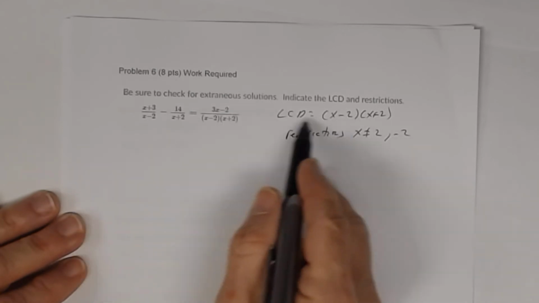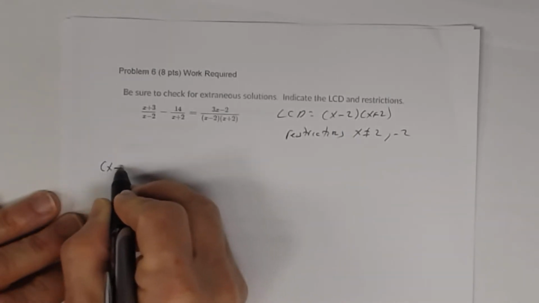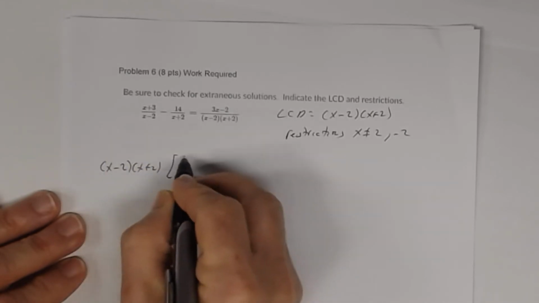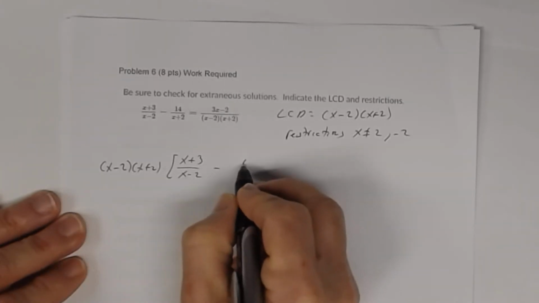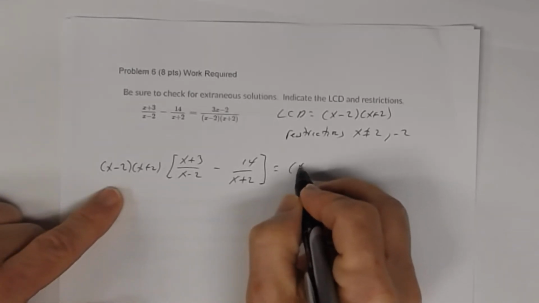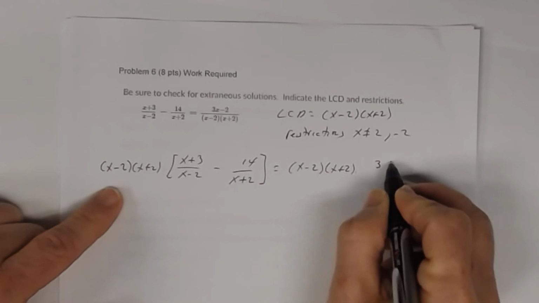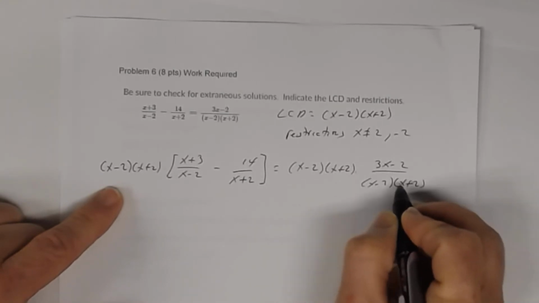But what I'm going to do is multiply both sides by that least common denominator. So it has x minus 2, x plus 2, times the left side, which is x plus 3 divided by x minus 2, minus 14 divided by x plus 2, equal, and then x minus 2, x plus 2, times the right side, 3x minus 2, divided by x minus 2 times x plus 2.